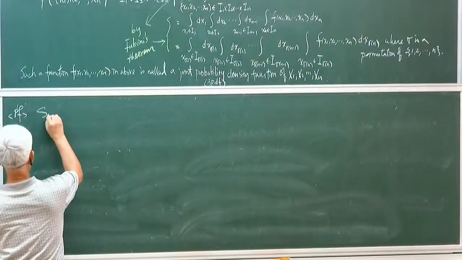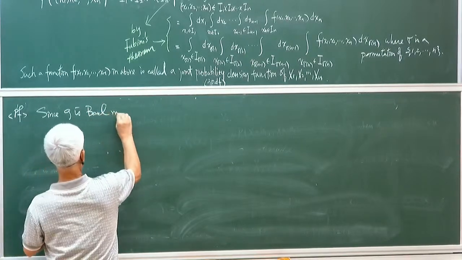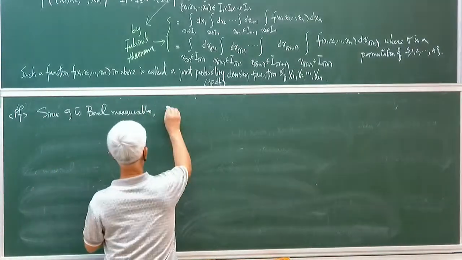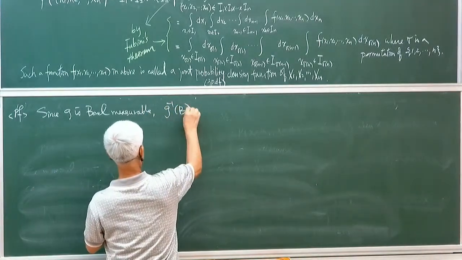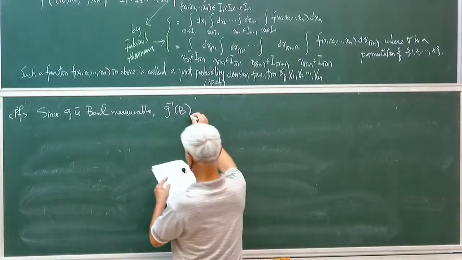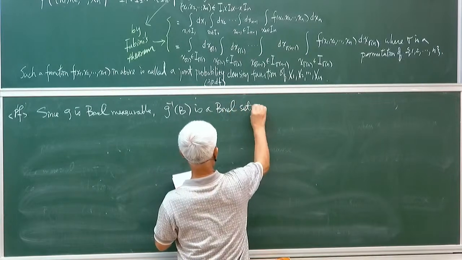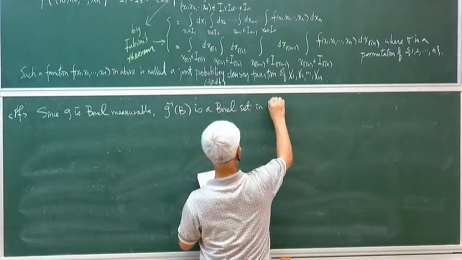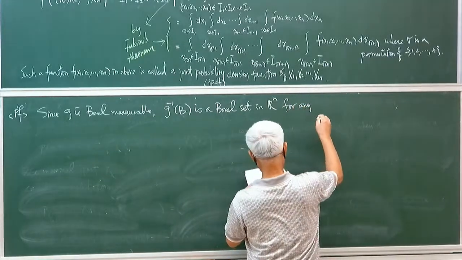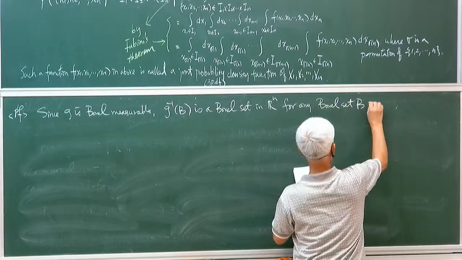Now since G is Borel measurable, the inverse image of any Borel set B in R is a Borel set in Rn.